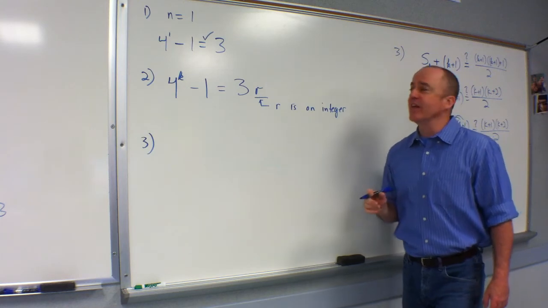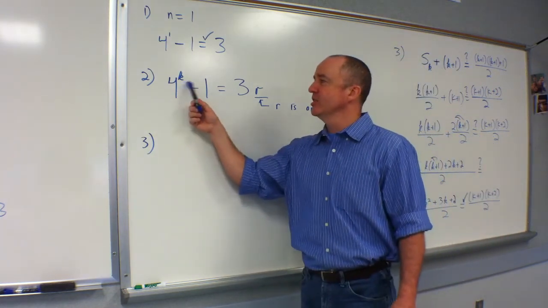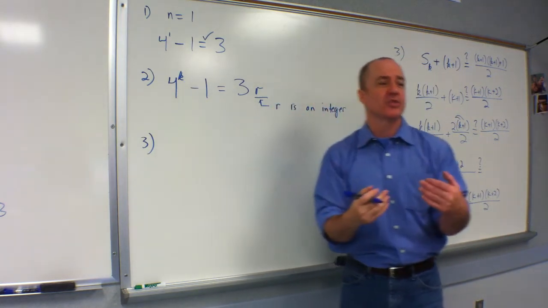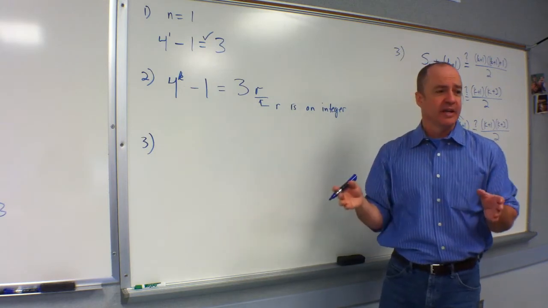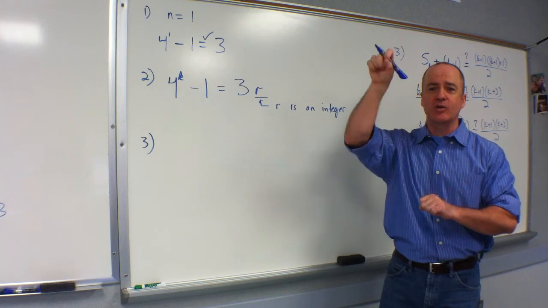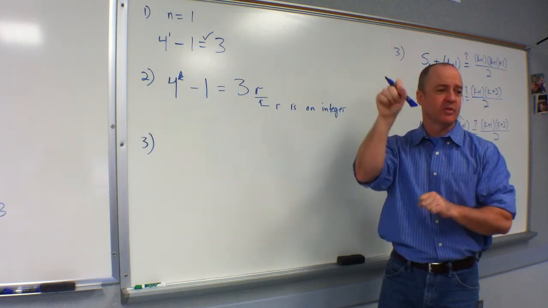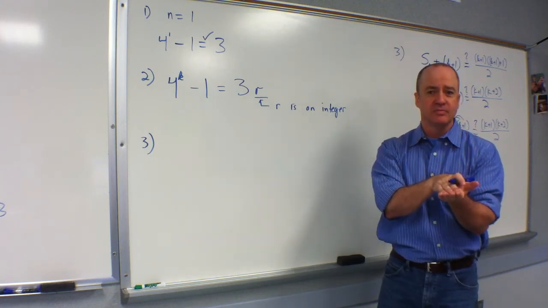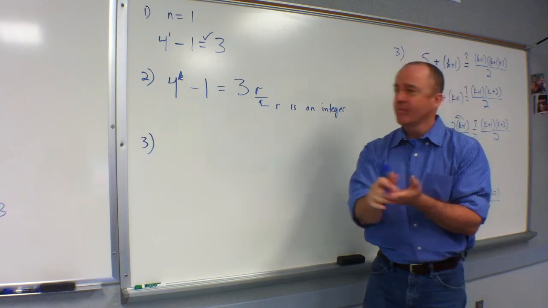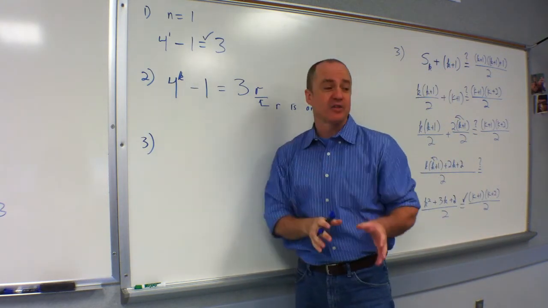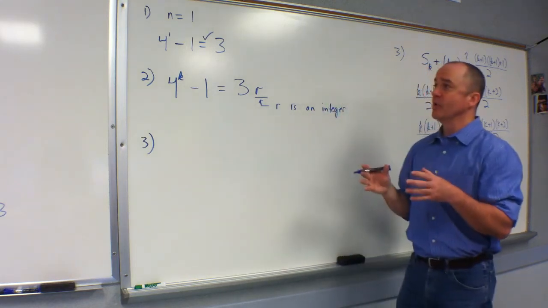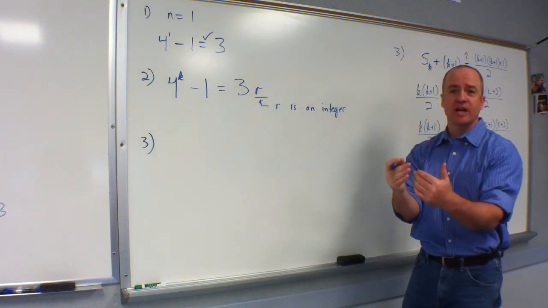If I can prove that it works from any integer to the integer after that, then I can start at 1 and go up to infinity, and the next rung on the ladder will always be where I expect it to be, or the next domino will fall.